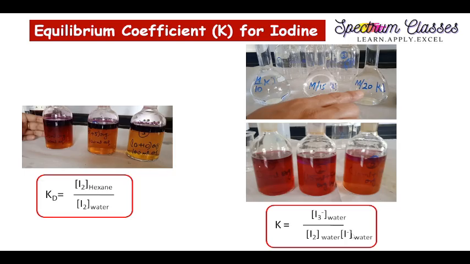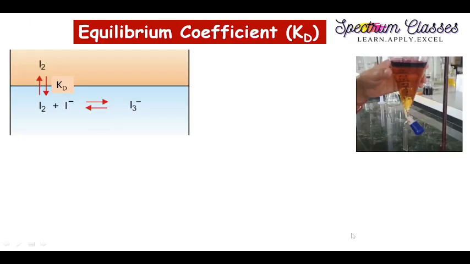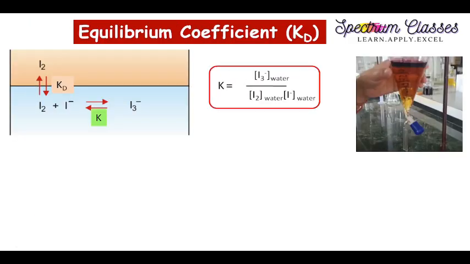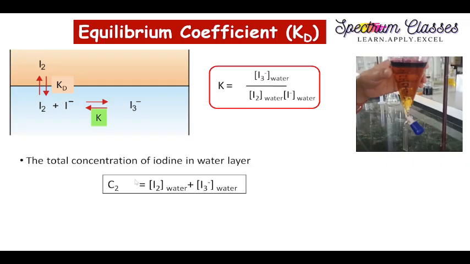For that we are following a few steps. This K can be written like this, as we discussed in the previous slide, and now the total concentration of iodine in the water layer can be considered as I2 in water plus I3 minus in water.